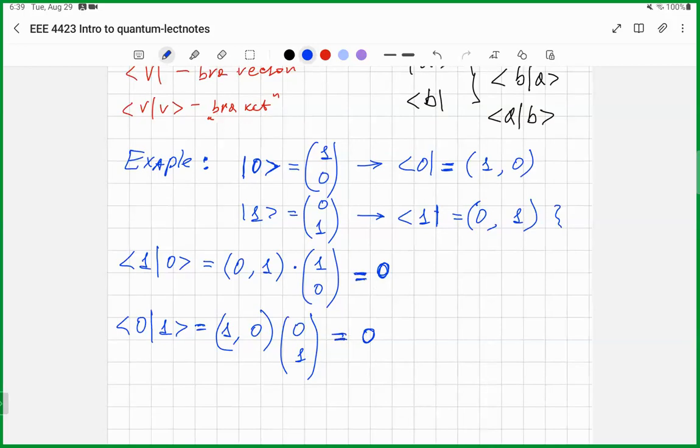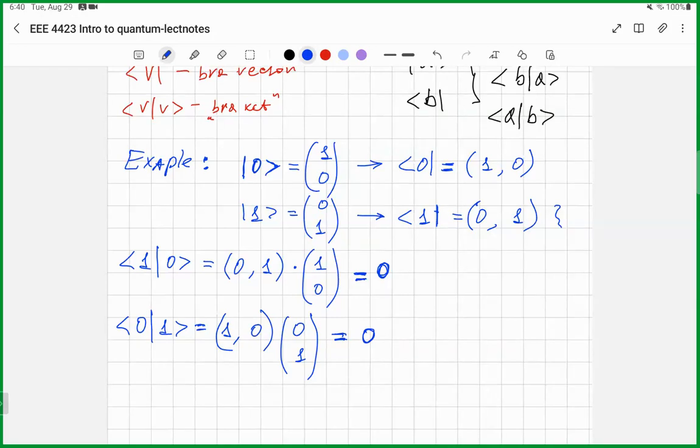It's interesting because for 0 and 1, when I take the inner product or dot product of the two, I get 0. That simply means that the vectors are orthogonal. Since they are orthogonal two-dimensional vectors, I found two linearly independent orthogonal vectors in the two-dimensional space.